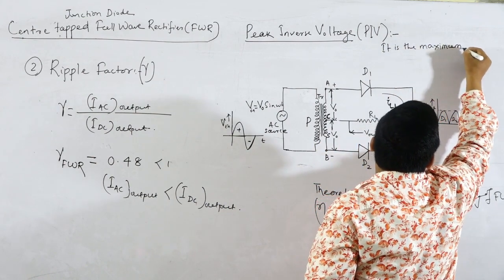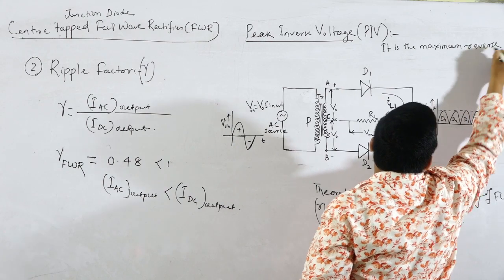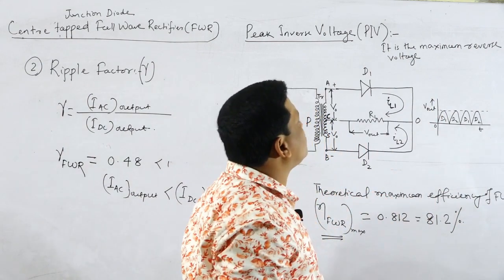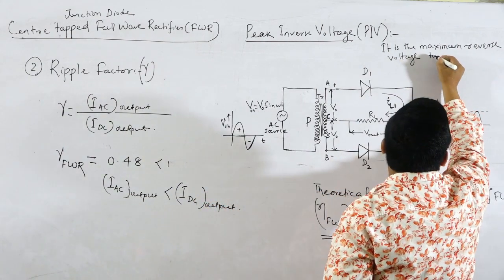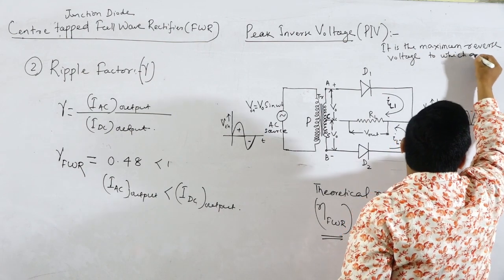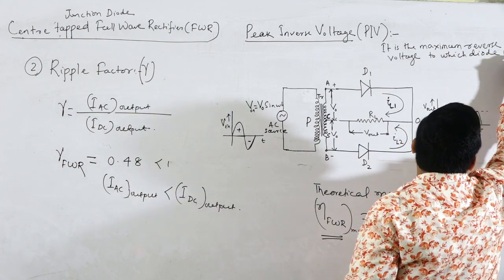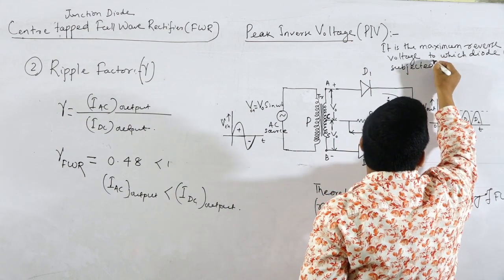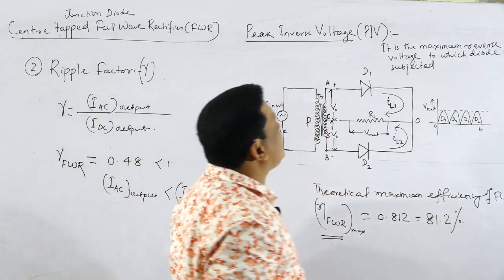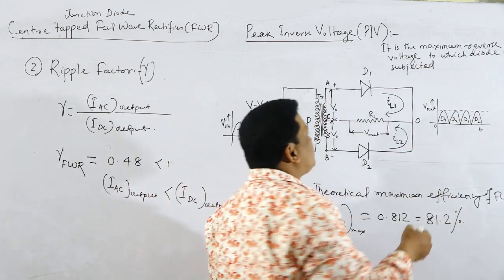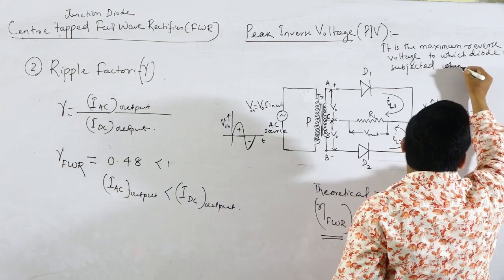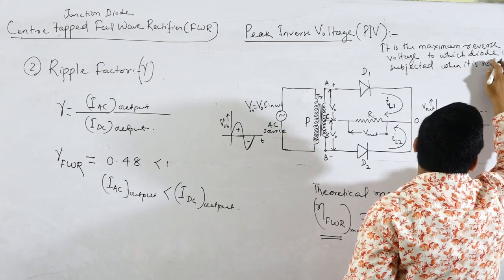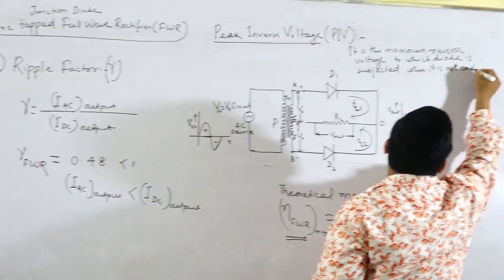It is the maximum reverse voltage to which a diode is subjected when it is not conducting.